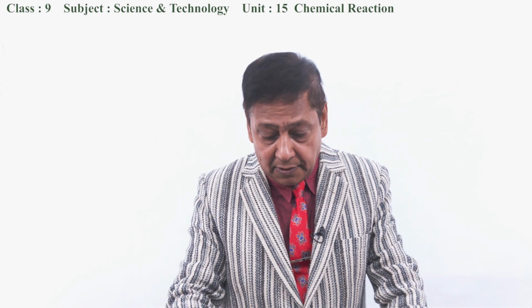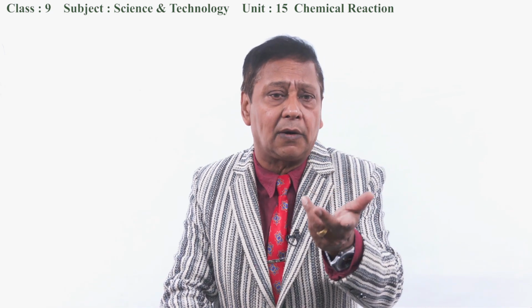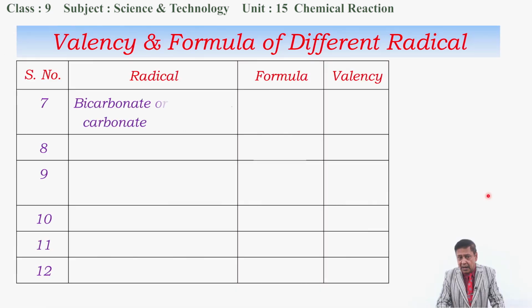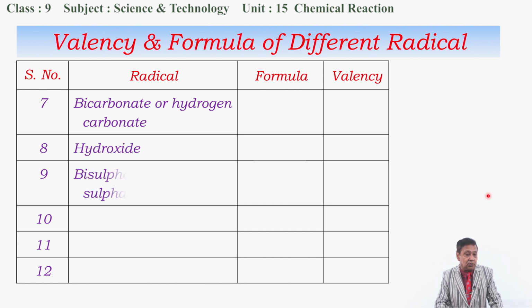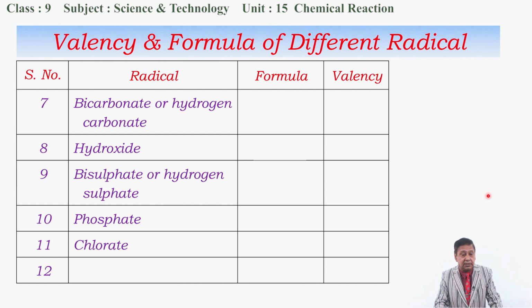Now there are other radicals also. Let's talk about them. Hydrogen carbonate or bicarbonate, hydroxide, bisulfate or hydrogen sulfate, phosphate, chlorate, silicate. These radicals have different formulas: bicarbonate HCO3, hydroxide OH, bisulfate HSO4, phosphate PO4, chlorate ClO3, silicate SiO3.